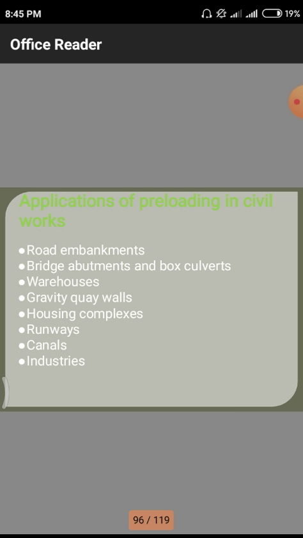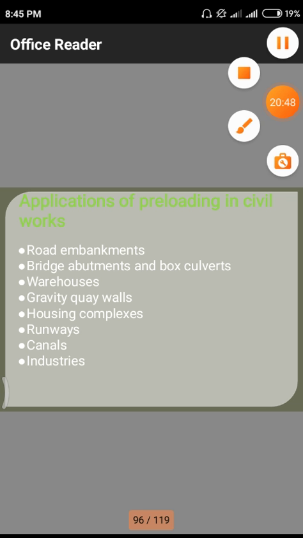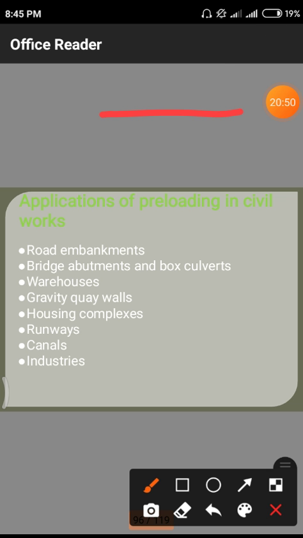Next one we are having is the bridge abutments and box culverts. Bridge abutment means, definitely these bridge abutments were constructed. This is a particular bridge. Okay, all those other supports at particular entrance conditions and exit conditions, we are having these concrete lineups.